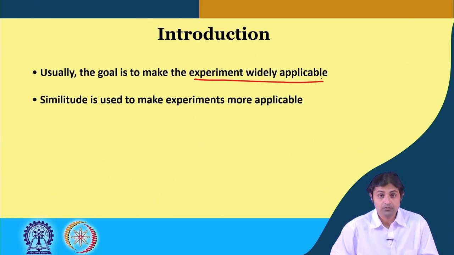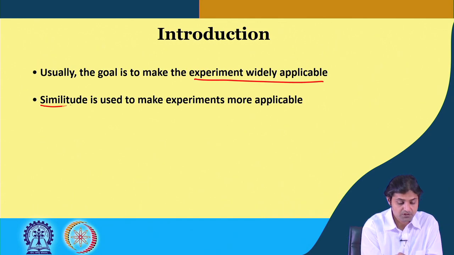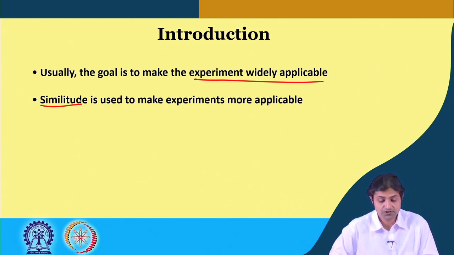And one process to do that is called similitude. So, similitude is a process which is used to make experiments more applicable. In this module on dimensional analysis we are going to see in detail what similitude is, but for now just take that it is a process which is used to make experiments more applicable.